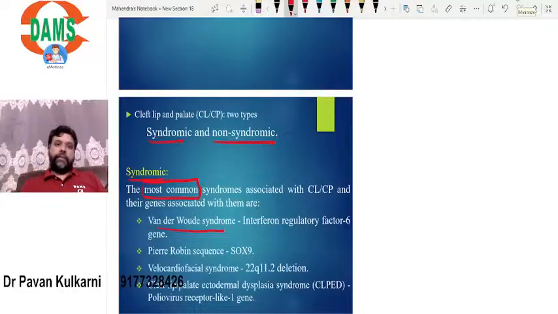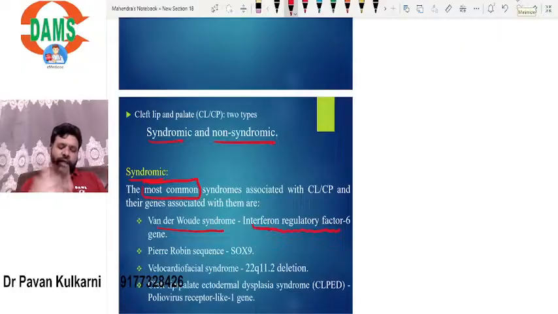Please remember this. And Van der Woude syndrome occurs due to mutation of which gene? Interferon regulatory factor 6. So already we have got the correct answer here. The correct answer is IRF6, interferon regulatory factor 6.